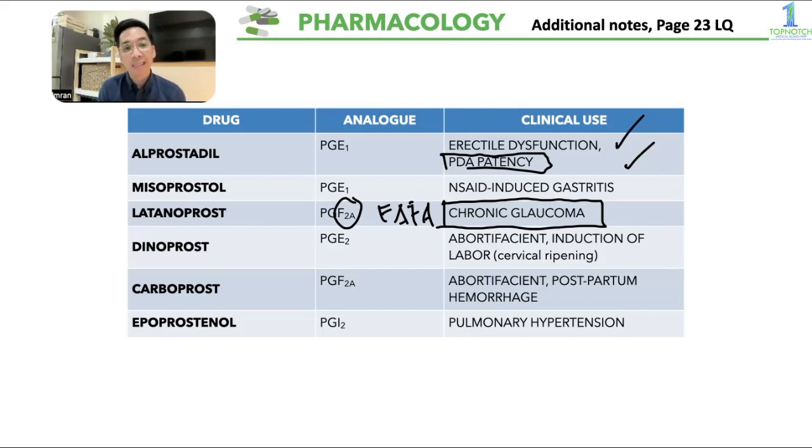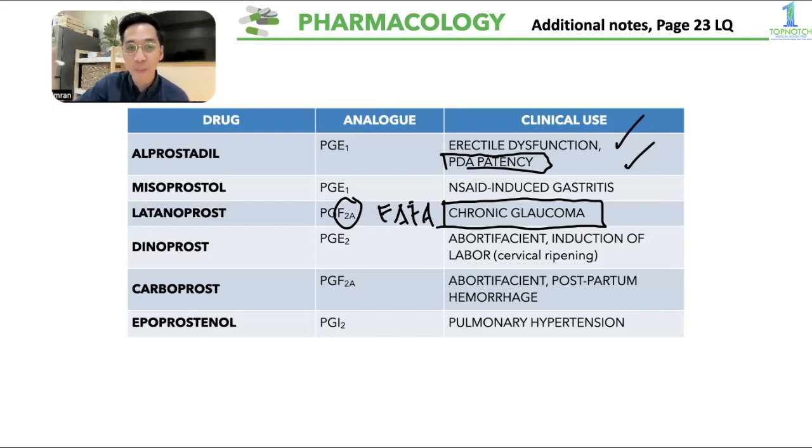Okay? Next, dinoprost. Dinoprost is a PGE2 analog. It's used for cervical ripening, para mas ma-induce mo yung labor, mas ma-expel or ma-deliver si baby doon sa puwerta. So your dinoprost, ang palatandaan ko dyan ay, kunwari nanganganak na yung nanay, palabas na yung baby.